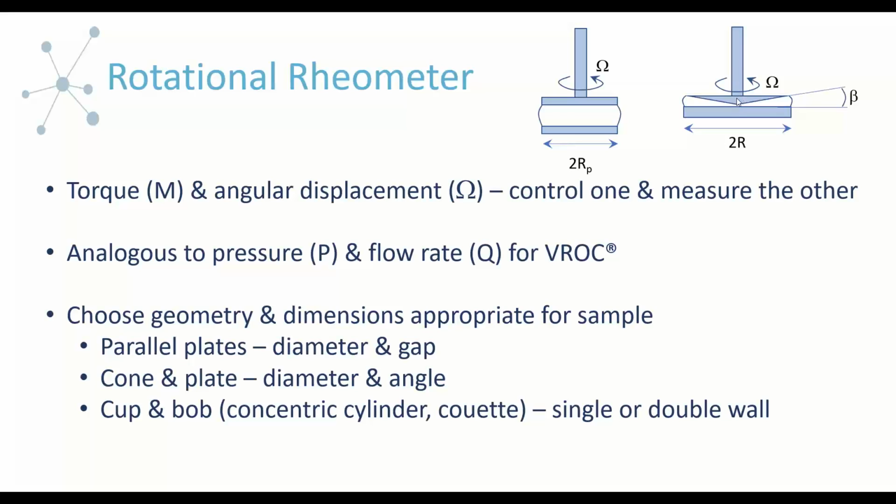Gap is fixed based on your angle and your diameter, so you don't have flexibility there, but you do have a little flexibility with the angle. For the cuvette geometries, you can use either double wall or single wall, depending on what is best for your fluid. So we're going to talk a little bit about these. These are the main options.